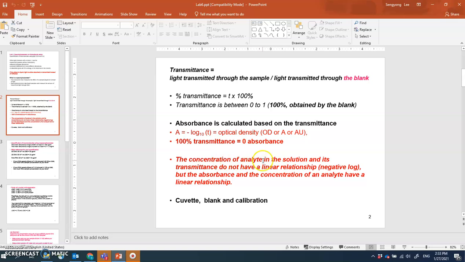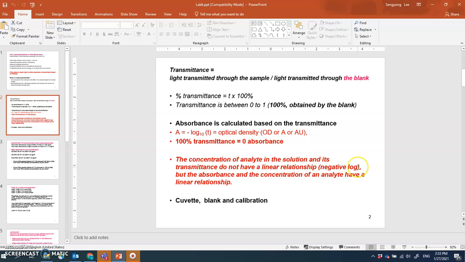The concentration of analyte, your biological molecule, that you have in the solution, and its transmittance have a relationship. It's a negative log relationship, because the more molecules there are, the more possibility that they will absorb light, so the light that's transmitted through will be much less.